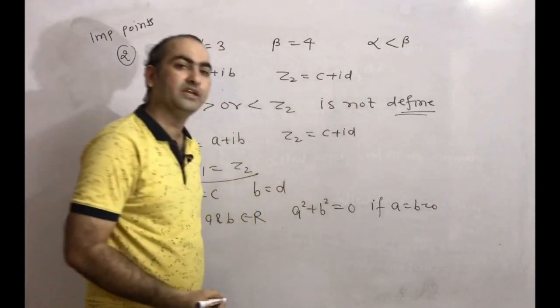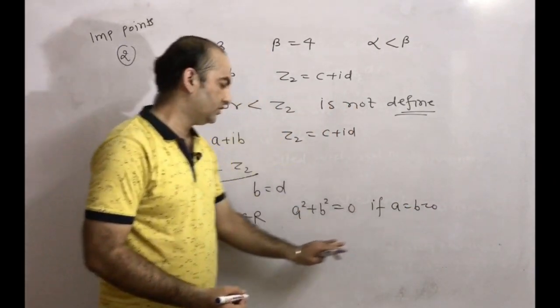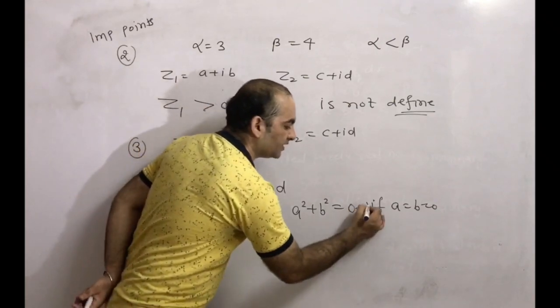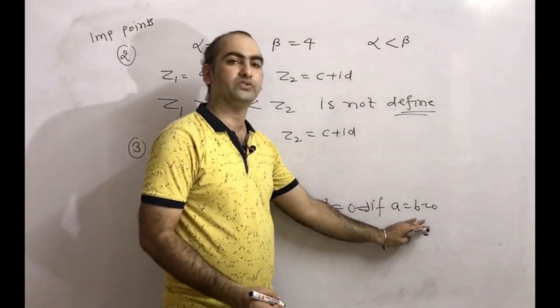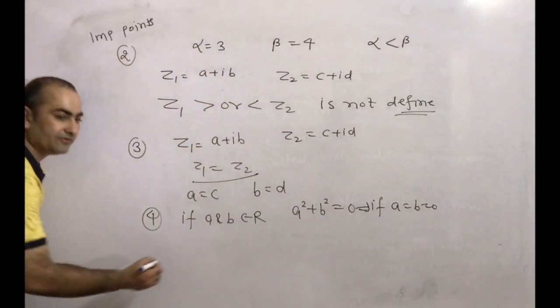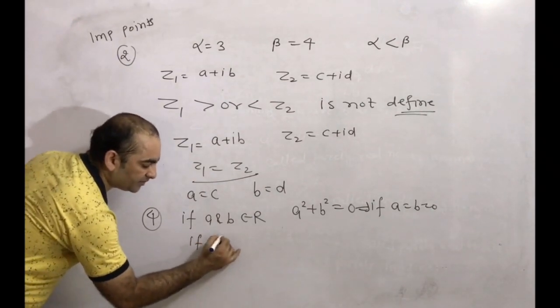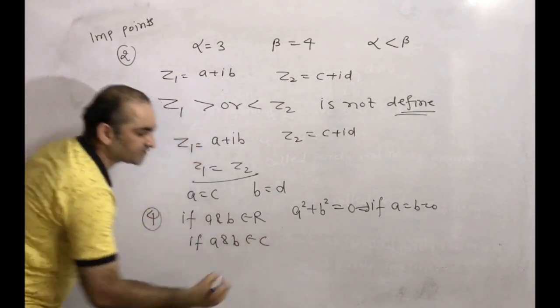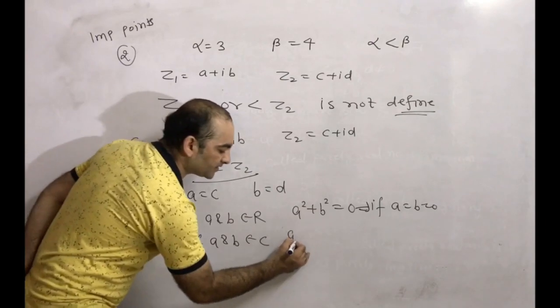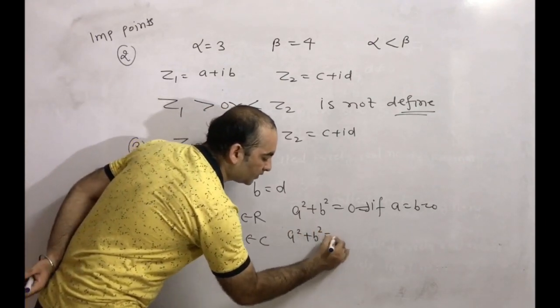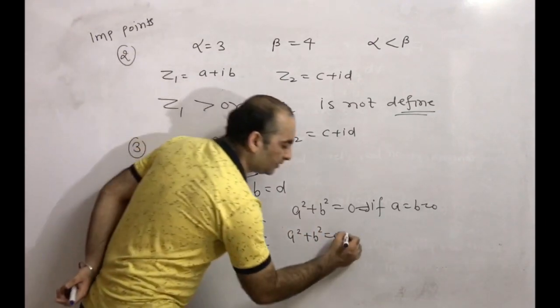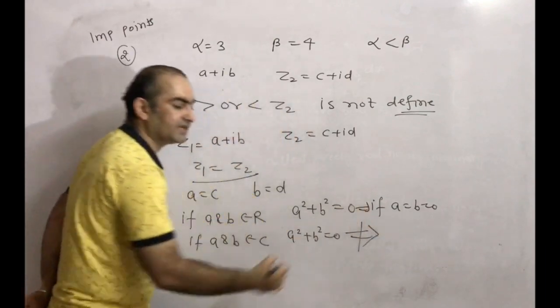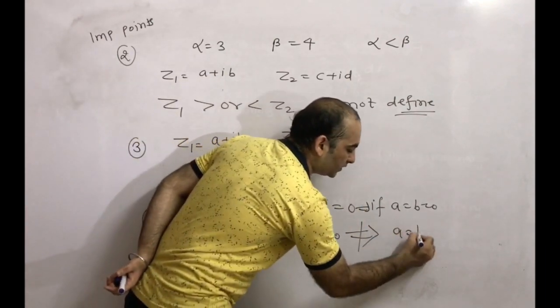So this implies a equal to b equal to 0. Now if a and b belong to complex numbers, then a square plus b square equal to 0 will not imply that a equal to b equal to 0.